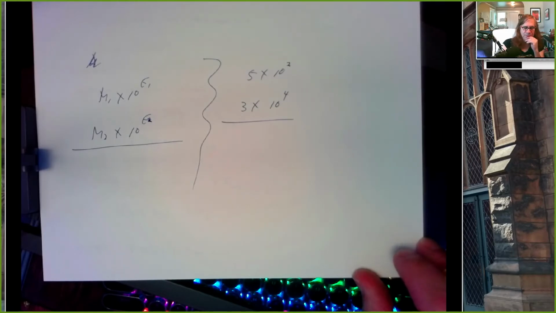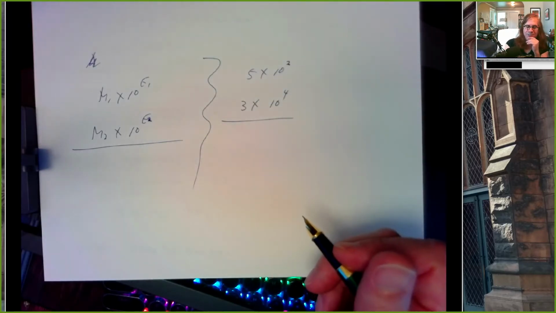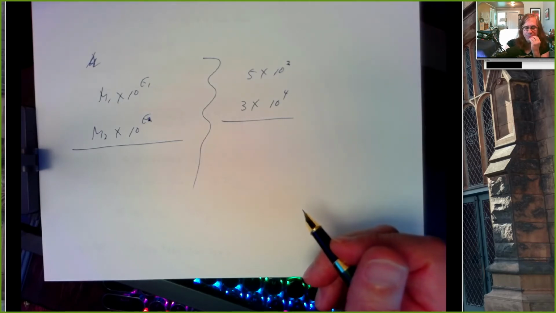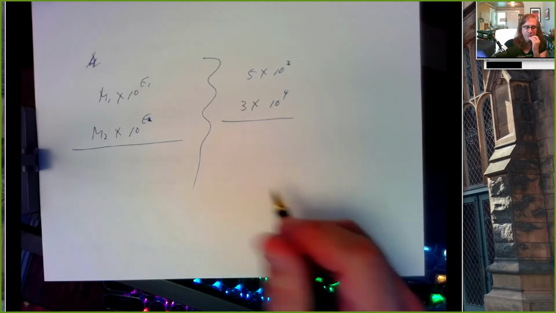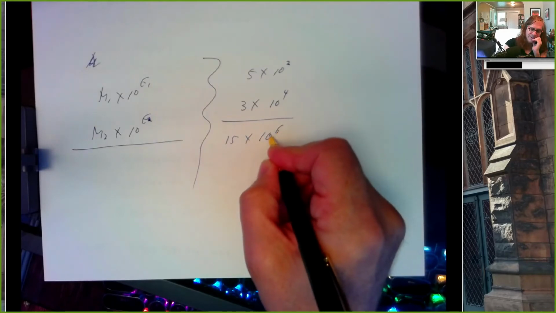Don't you get 500 and 3,000? 500, yeah, this is 30,000. So if I want to multiply them, what do I get, without having to deal with lots of zeros? Wouldn't it be 15 followed by 6 zeros? There you go. Okay. 15 times 10 to the 6th.